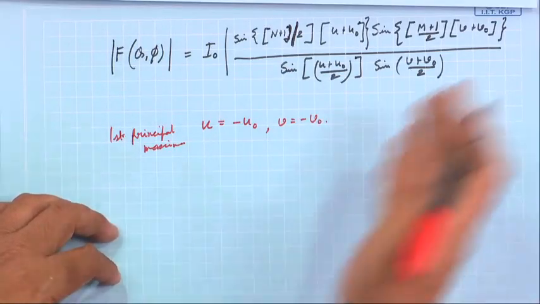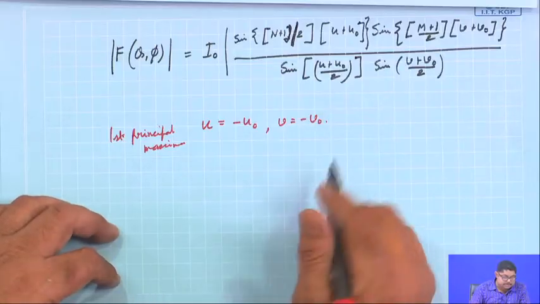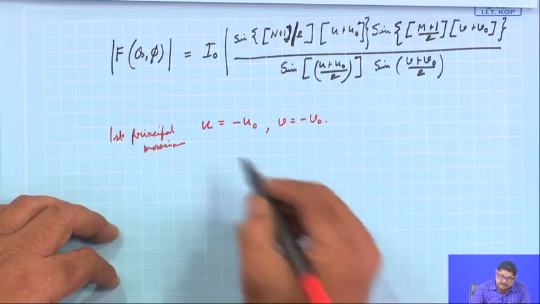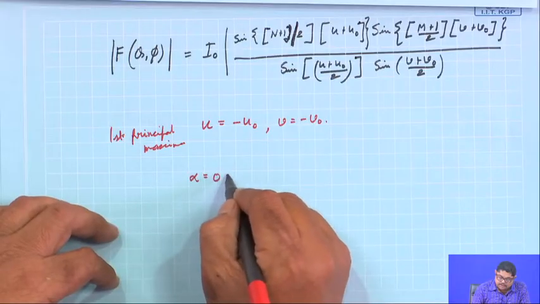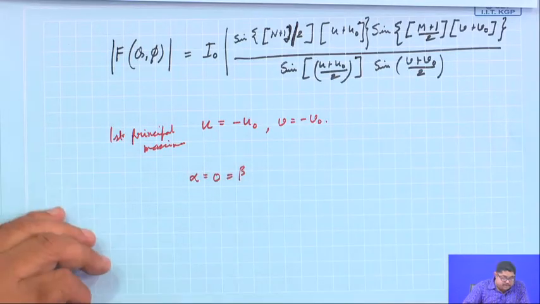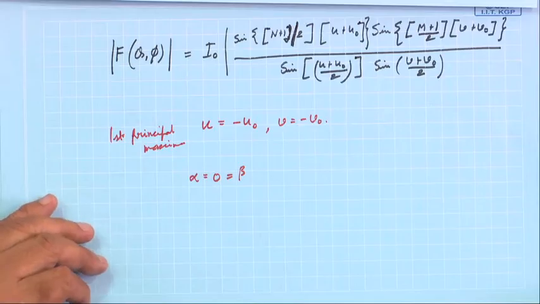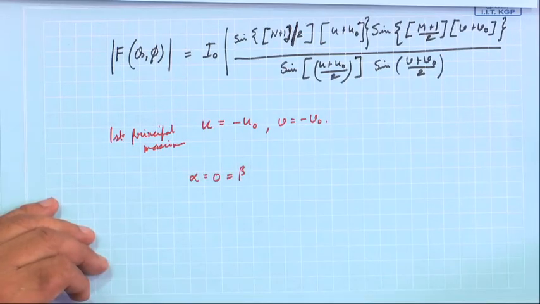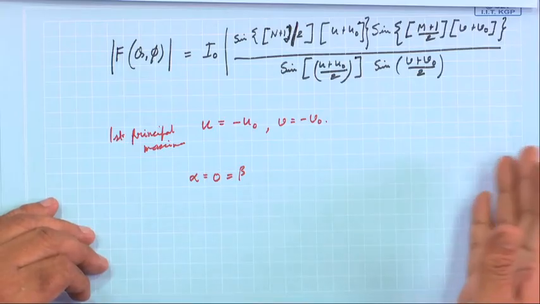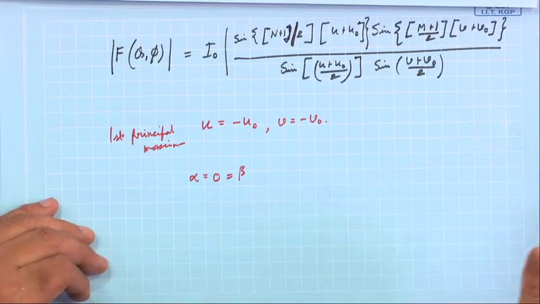So, in that direction it has the maximum radiation, and if we take alpha equal to 0 equal to beta, that means no progressive phase shift, then this direction will be perpendicular to the plane of the array, that is along plus minus y direction.